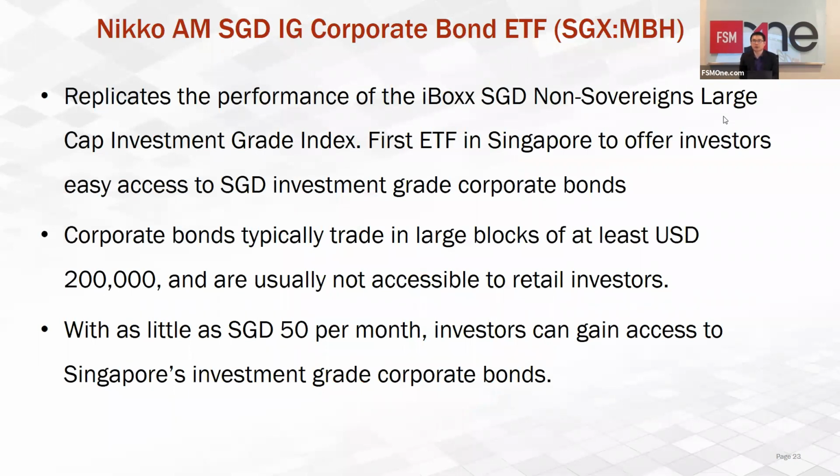So I don't really have a lot of options to choose from, which is why I am using this Nikko AM Singapore dollar investment grade corporate bond ETF as my product of choice to construct my portfolio. Simply because this is the first, and I think currently the only, ETF in Singapore that gives investors easy access to the Sing dollar investment grade corporate bond space.